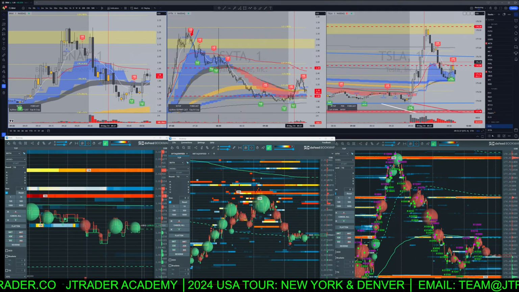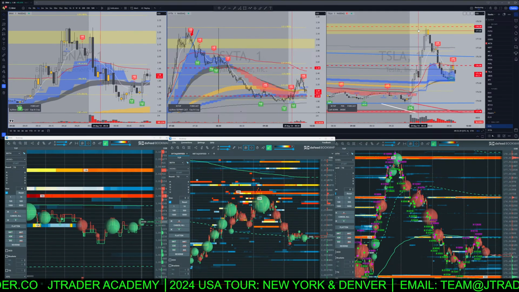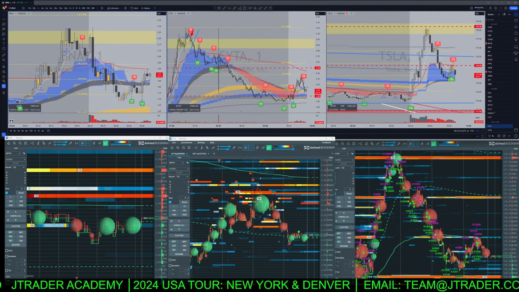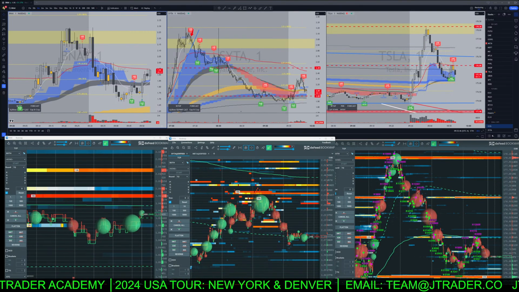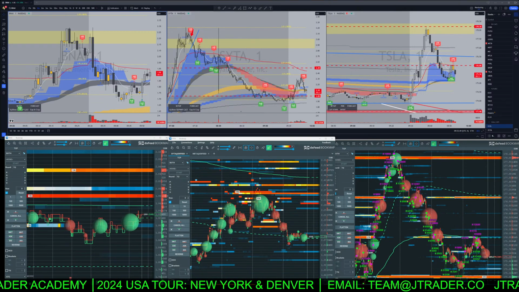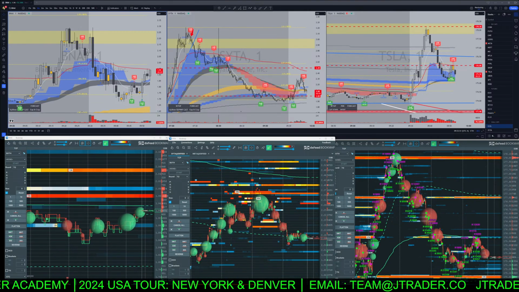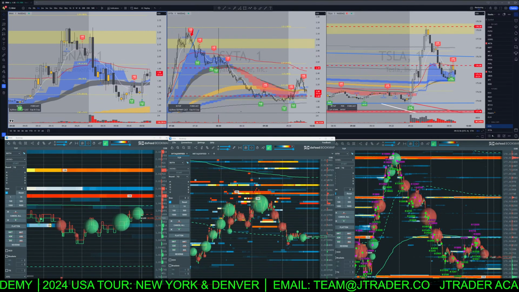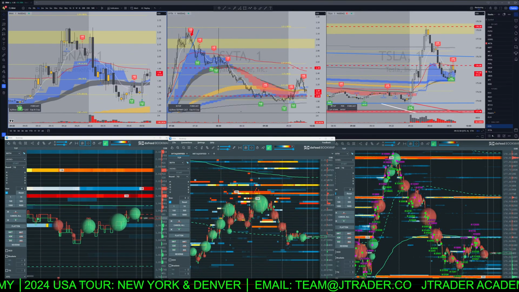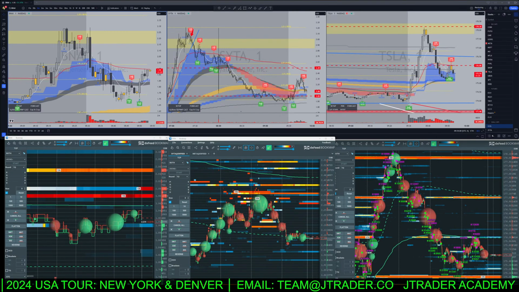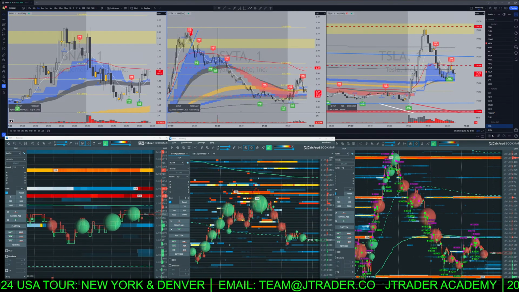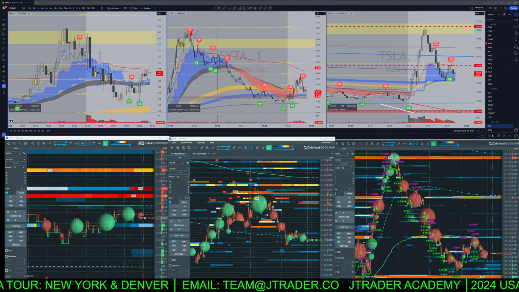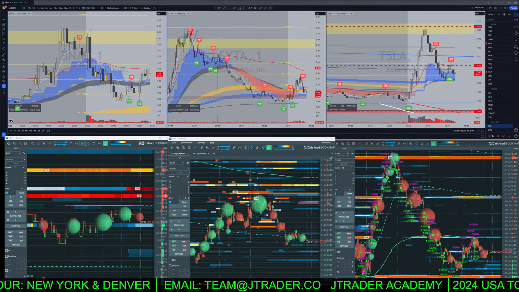Tesla is just showing weakness over here. It doesn't have that buying pressure that it had at the open. More liquidity at $2.